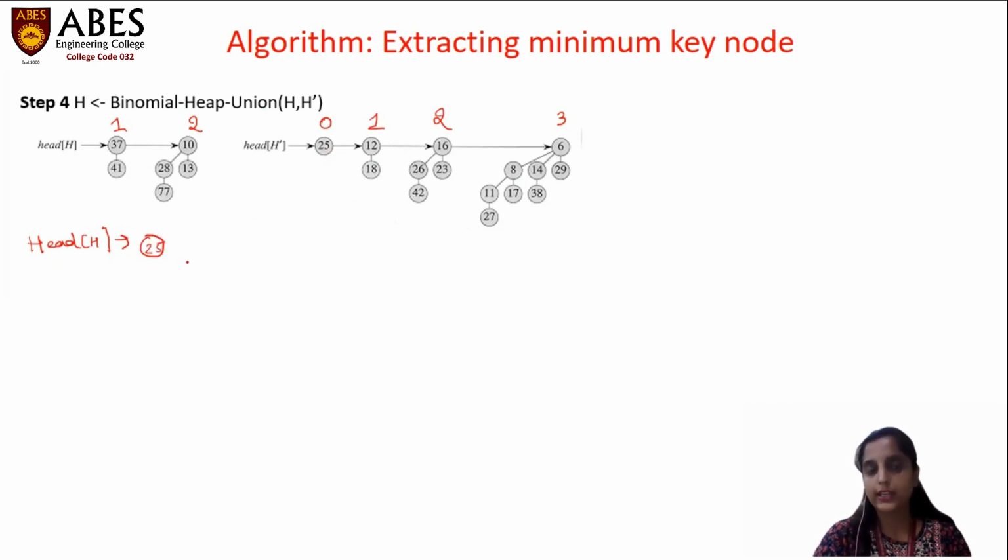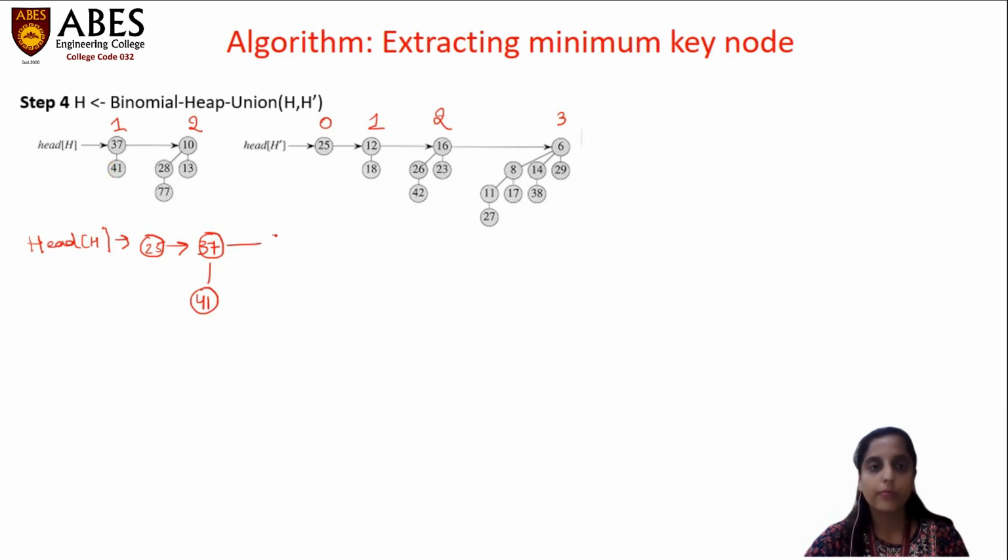After that, we'll check, is there any binomial tree of the order 1? We have two binomial trees. One is this one and one is this one. So we'll take priority to this one because we are performing union operation between h and h dash. So we'll take h first. So here we're going to write 37 and here we'll write 41.